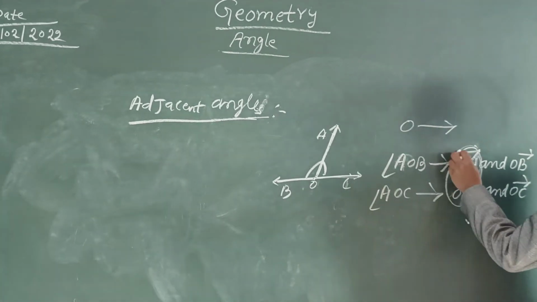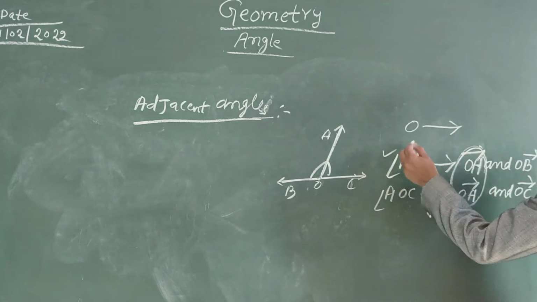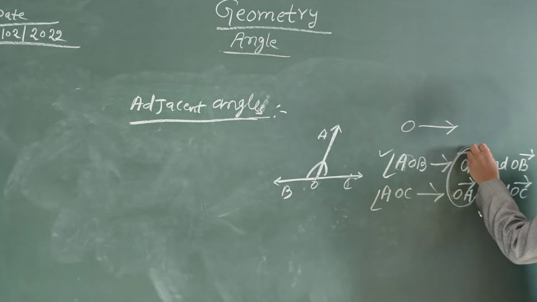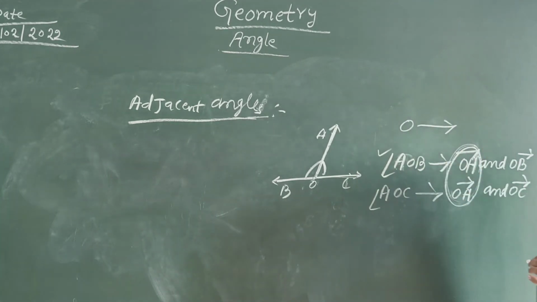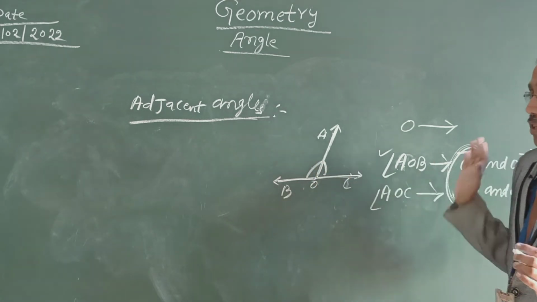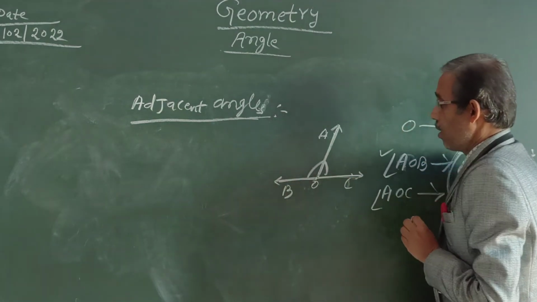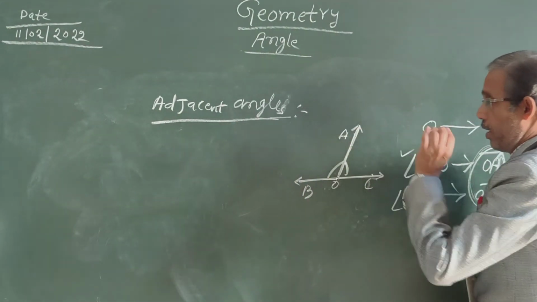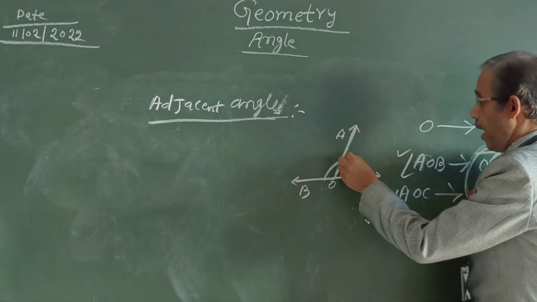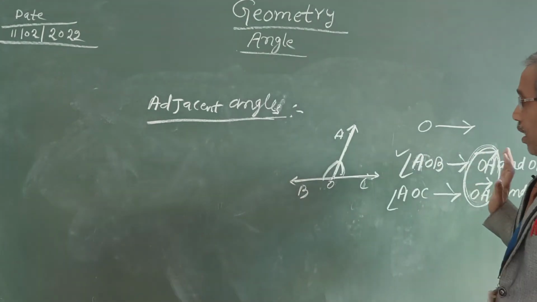Then OA is common for both angles. So OA is the common ray for these two angles AOB and AOC. And other two rays OB and OC are opposite to this common ray OA. So in this condition, angle AOB and angle AOC are pair of adjacent angles. Clear?